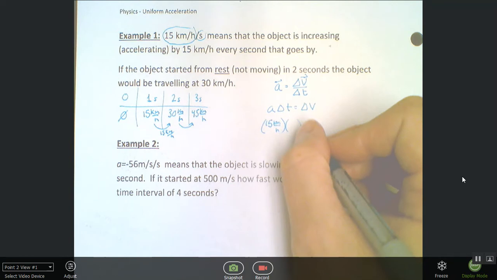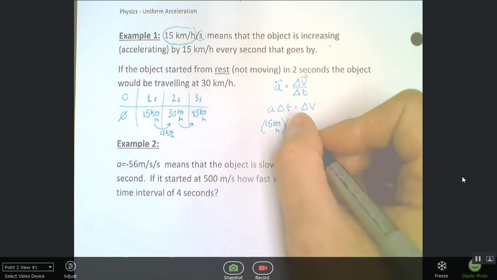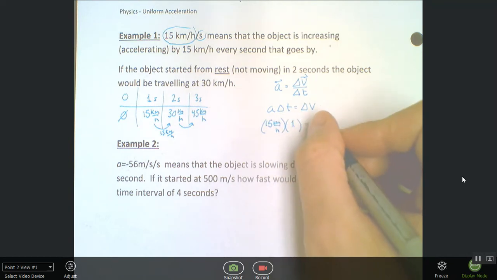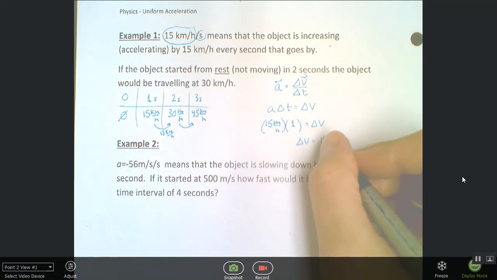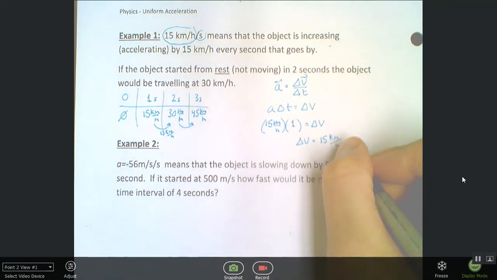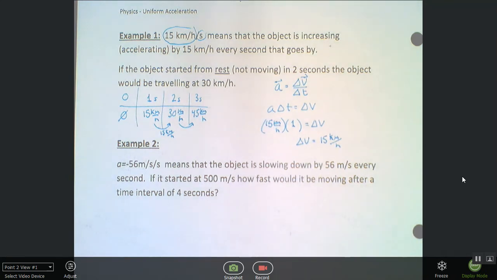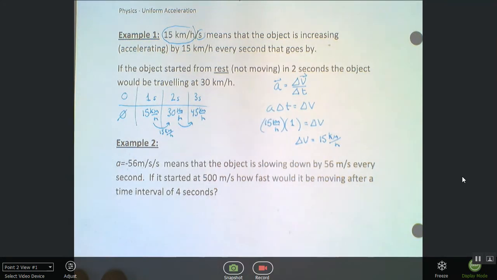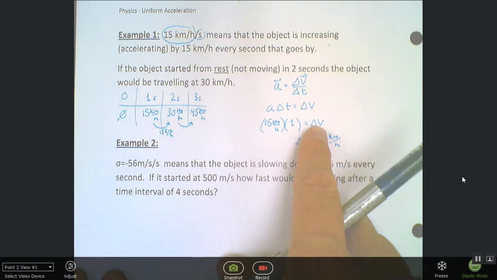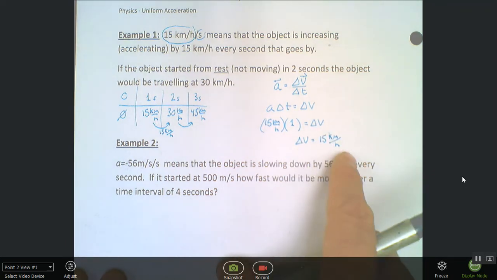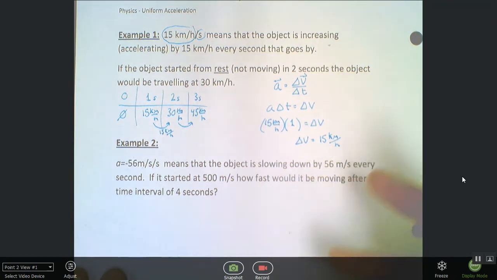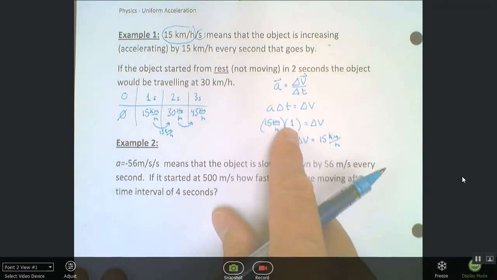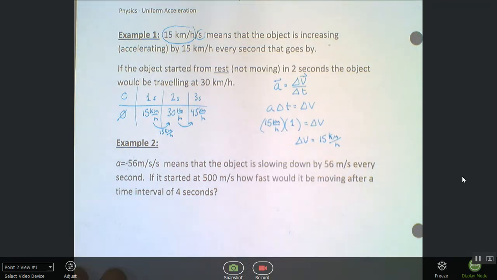And if you put the time interval of 1 second, then it tells us our change in speed for each interval of time is 15 kilometers per hour, which we already kind of figured out. We see that it's going up by 15 each time. And so the change in velocity in this case would be 15 kilometers per hour. And we don't have the unit of time because we're just saying that it's every second that goes by.